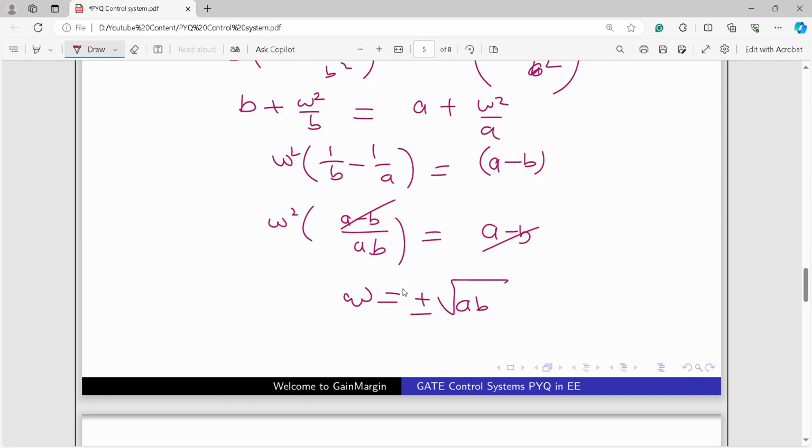Okay, so we have to ignore the negative value, and we get under root ab.